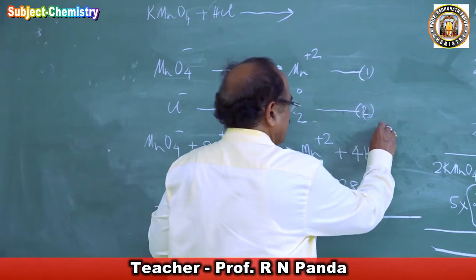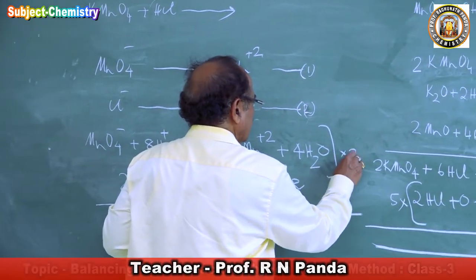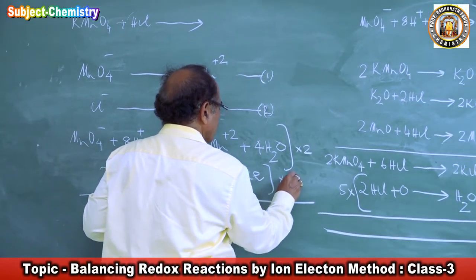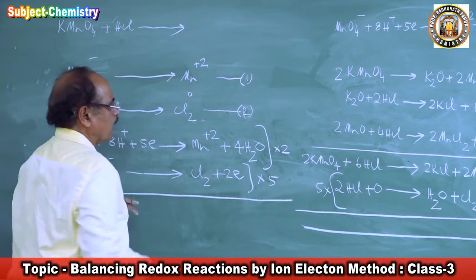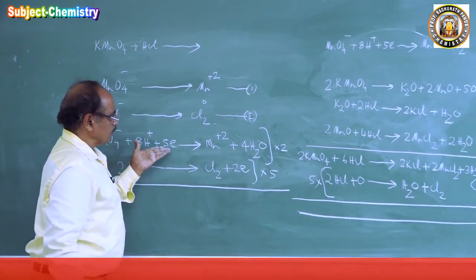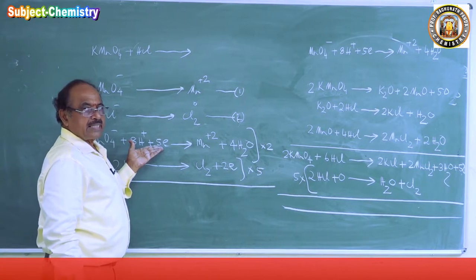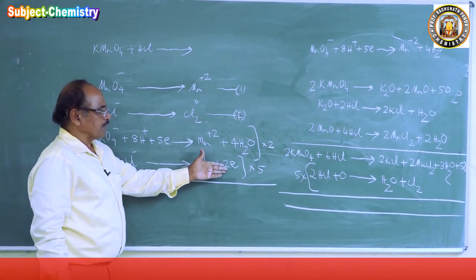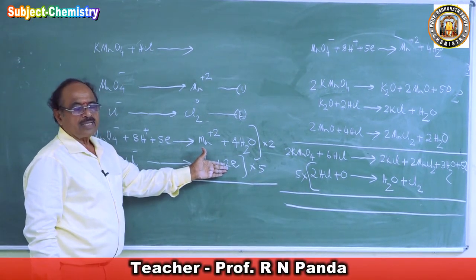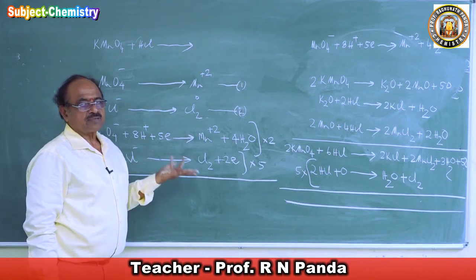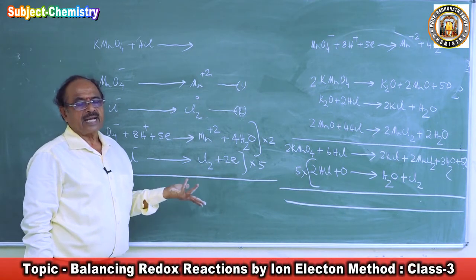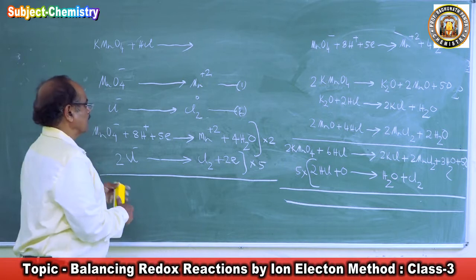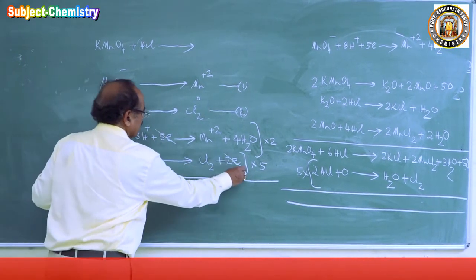So we multiply this equation by 2 and this equation by 5 to cancel out the electrons. The number of electrons involved for the oxidizing agent will be equal to the number of electrons involved for the reducing agent, because substances react by their equivalences. So the electrons cancel out.